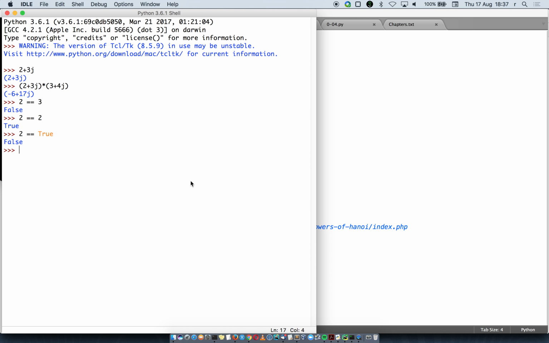And the opposite of that, the negation of that, is denoted, do you know how? It's exclamation mark equal. So that's not equal. Your expectation might be, from other languages, less than, greater than.